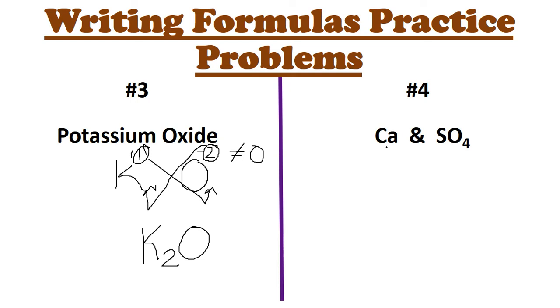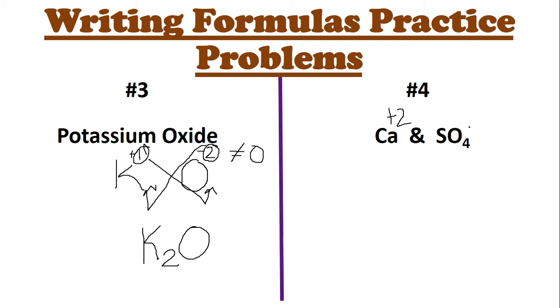So we have Ca and we have SO4. So SO4 is a polyatomic compound, so it stays together. We only have to look at its charge, and we have to look at its oxidation number. So Ca, if we go on the periodic table, it's +2.